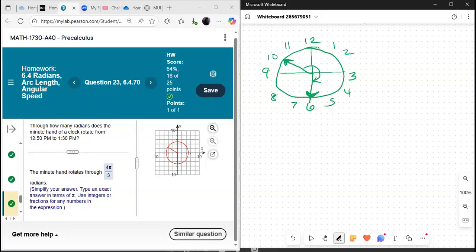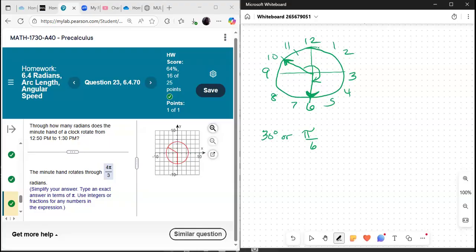So the question is, how many radians did that rotate? Well, from 12 to 6, that's half a circle, so we know there's pi. But from the 10 to the 12, we can split that up into 1, 2 segments, and each one is 30 degrees, or pi over 6 radians.